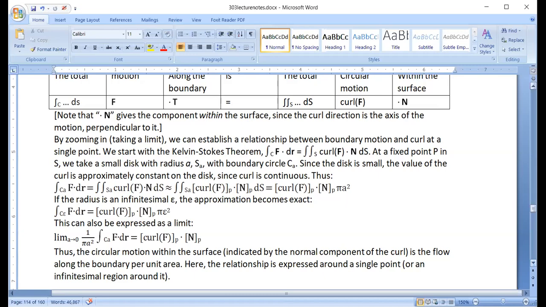Here we've got this relationship expressed around a single point P, or similarly, at an infinitesimal region around the point P. All of this is a deep way to understand what Kelvin-Stokes theorem is saying. And if you have difficulty thinking about it in these terms, remember that this is just a parametric or one extra dimensional version of what Green's theorem was saying.